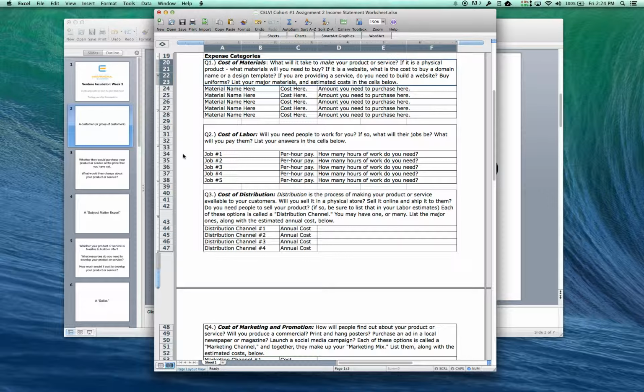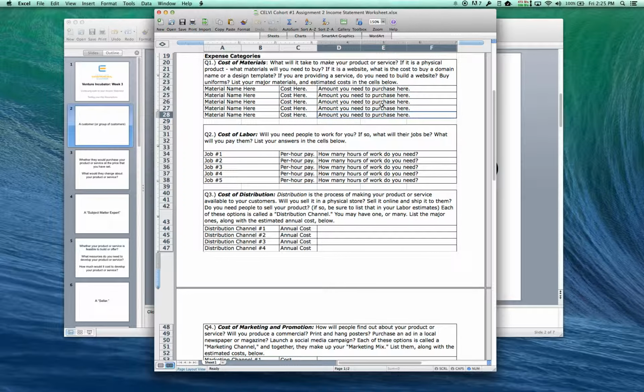And what does duct tape cost? If it's a website, what's the cost to design a website, to buy a domain name? If you're providing a service, do you need to build a website? Do you need to buy uniforms? List your major materials in these boxes here, along with the estimated costs and the estimated number of items that you need to purchase.